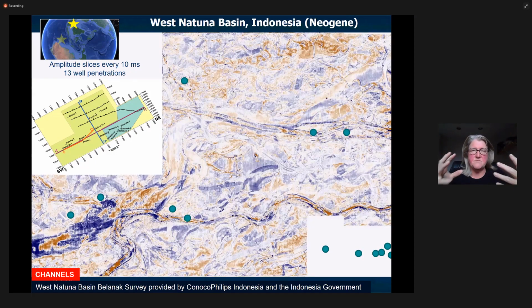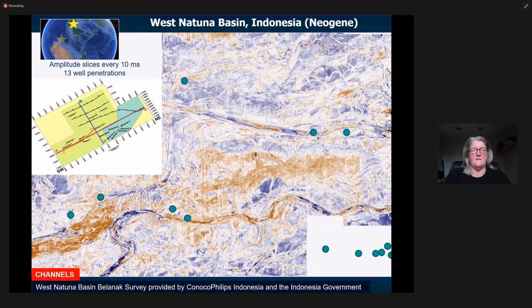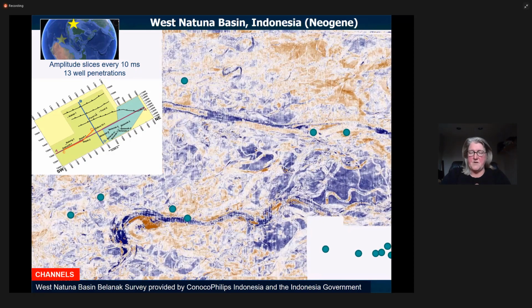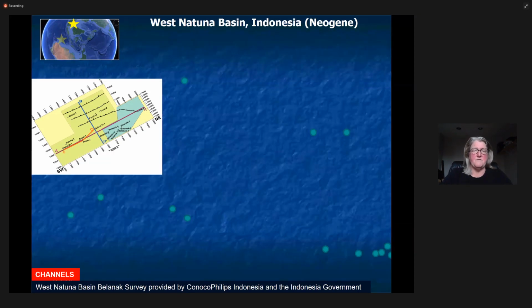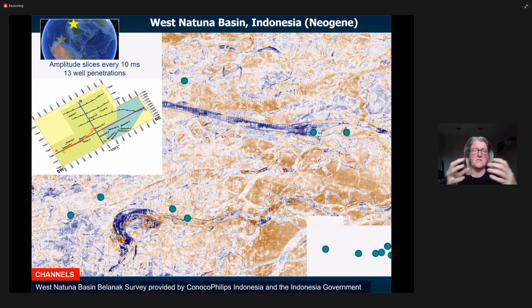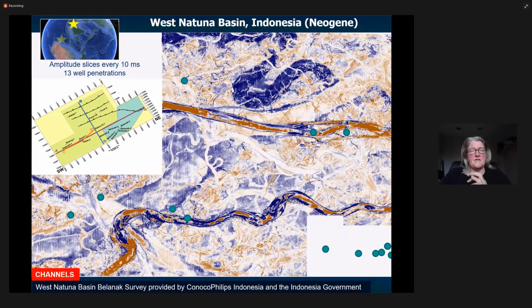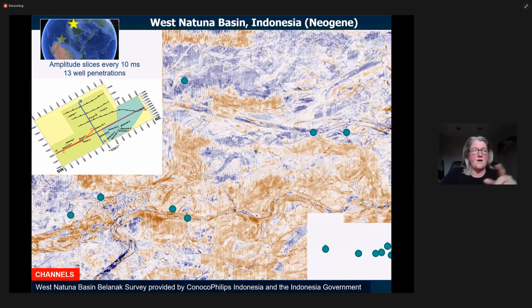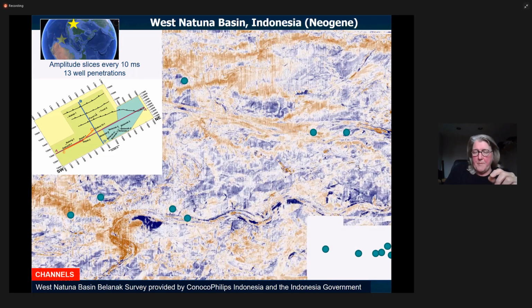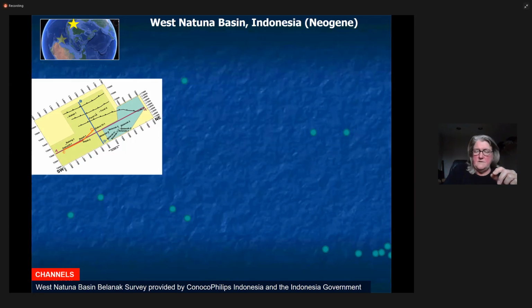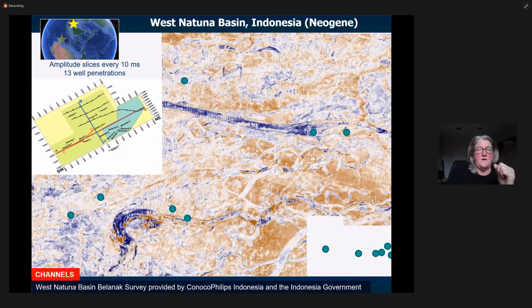So this is the same West Natuna Basin data that I was showing that Keith gave to me. This happens to be the upper 200 milliseconds, coming from bottom to top, slicing through every 10 milliseconds or so. Now, every 10 milliseconds here is probably about 10,000 years of time.